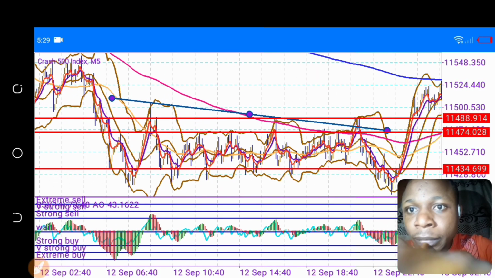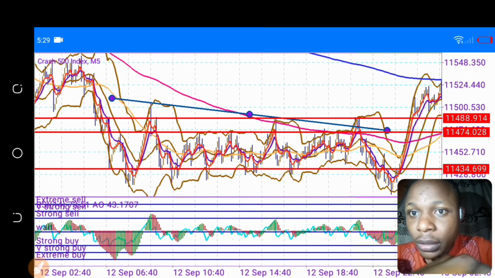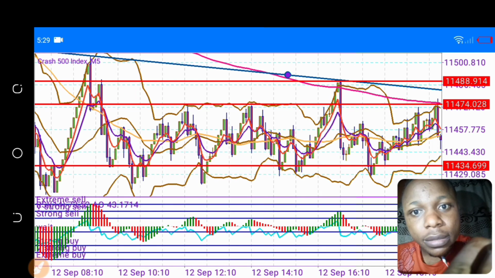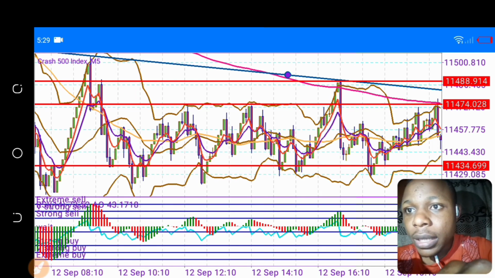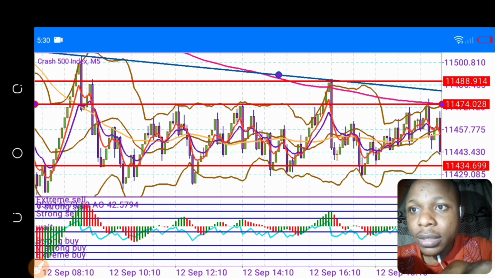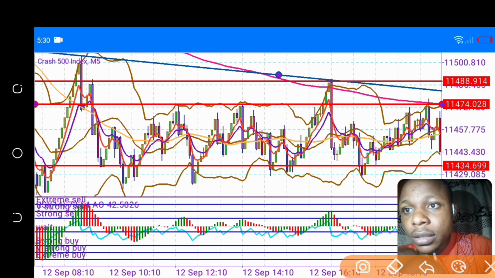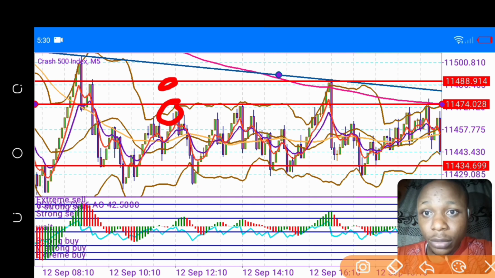So the swinging method, if you start selling crash, anytime it touches either this lower high or this higher high, you will be in money.